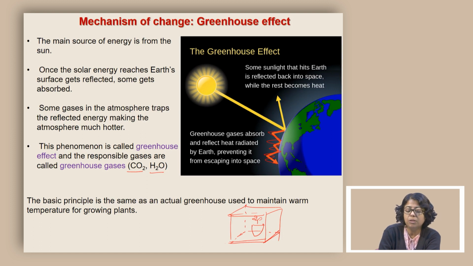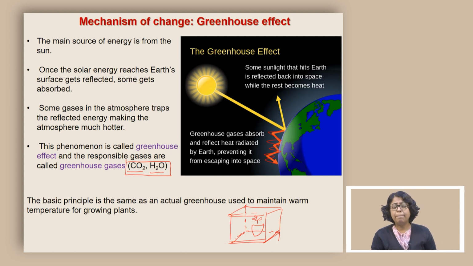Now, it is important to also recognize that the opposite of the greenhouse effect is often called an ice house effect. What it means is, if you have a reduction in the amount of these gases in the atmosphere, then the atmosphere will have a tendency of not trapping any heat inside, and therefore becoming cold.